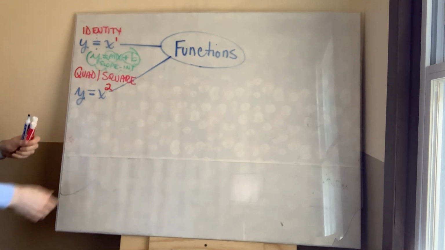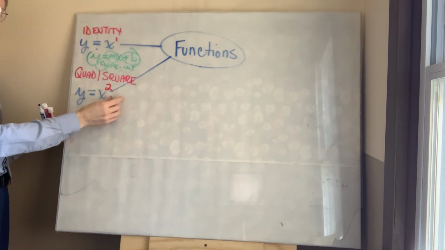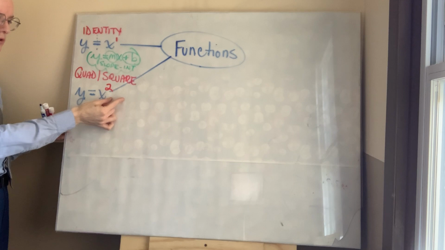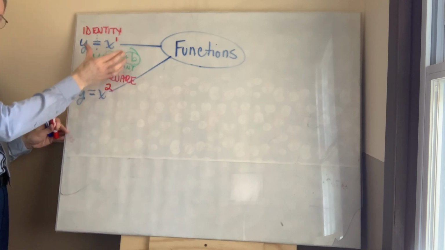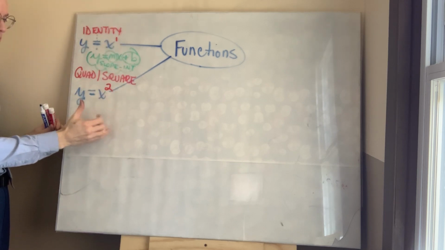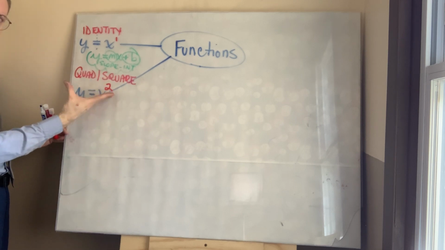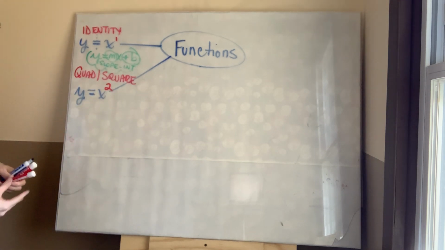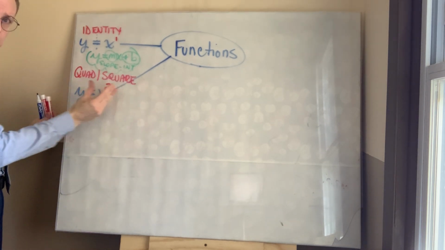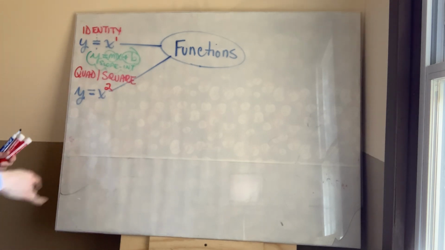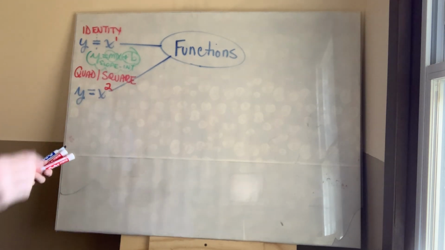And again, you could transform this. You could put a simple number next to it, plus or minus, and it would cause the parabola shape to shift up or down the axis. You could give it a coefficient to make the parabola a little bit wider open, or a little bit more narrow. And you could start to move it left or right along the horizontal axis if you group this into parentheses.